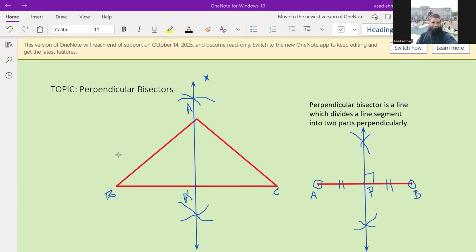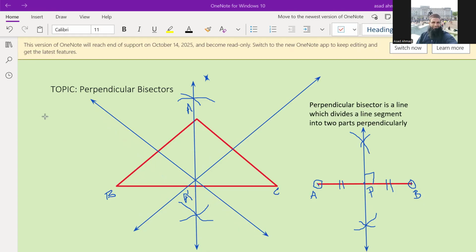If students are having difficulty drawing for side AC, then simply rotate the copy or the diagram, and then proceed for the other side. The same process will be done: perpendicular bisector of the side AC, and then perpendicular bisector of side AB.